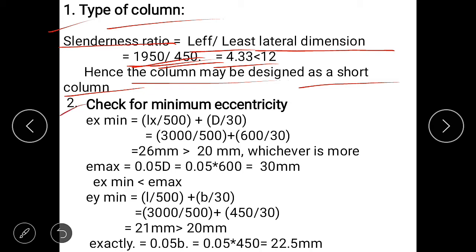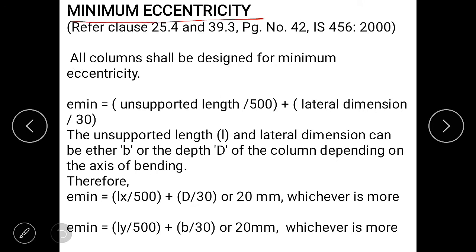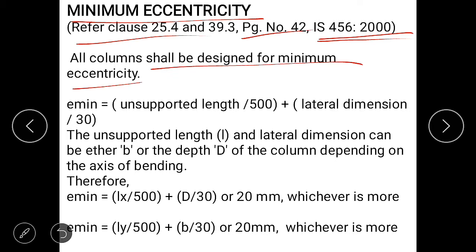Now we have to check the minimum eccentricity. To calculate minimum eccentricity, refer to clause number 25.4, IS code 456-2000, page number 42. So all columns should be checked for minimum eccentricity.